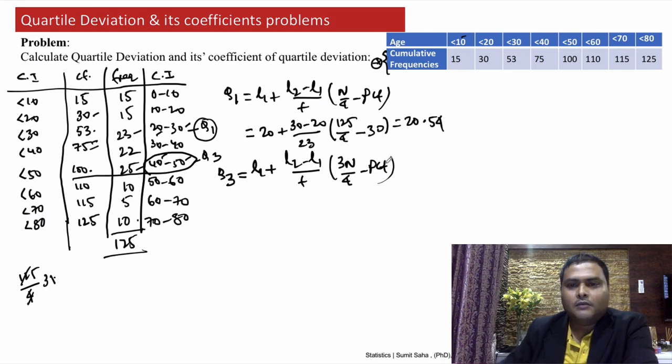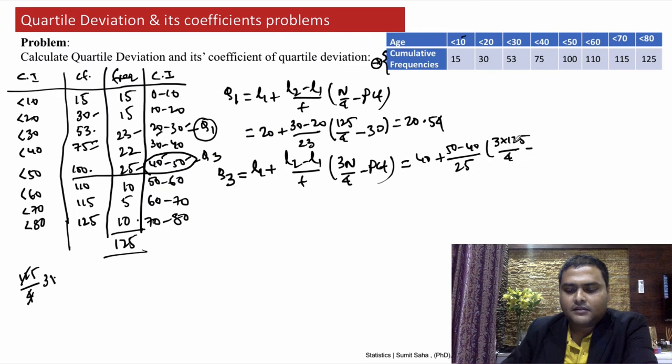Understood? So now I am putting the values. L1 is nothing but 40 plus 50 minus 40, which is 10, divided by frequency 25, then 3 multiplied by 125 by 4 minus previous class cumulative frequency, which is 75 here.